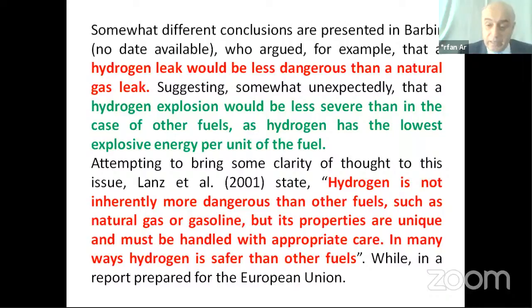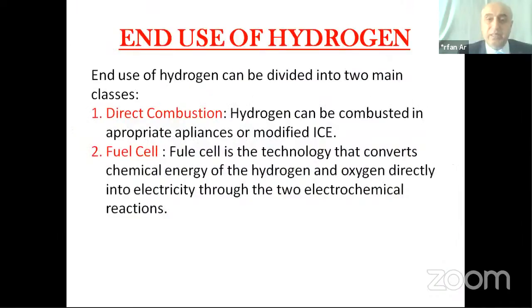And we have some other details, but I want to talk a little bit about the fuel cells. There are 2 types of technologies for the end use of hydrogen, other than, of course, production of other chemicals: direct combustion and the fuel cell.